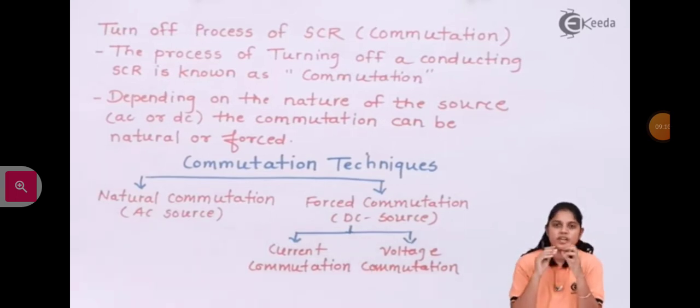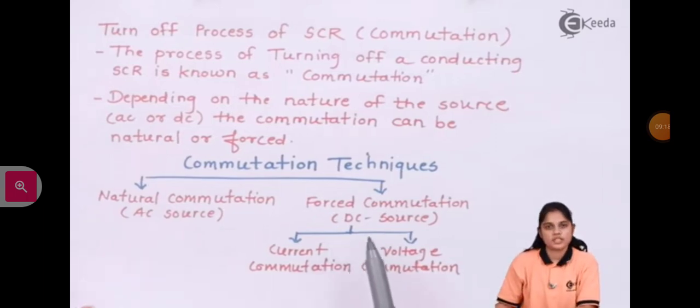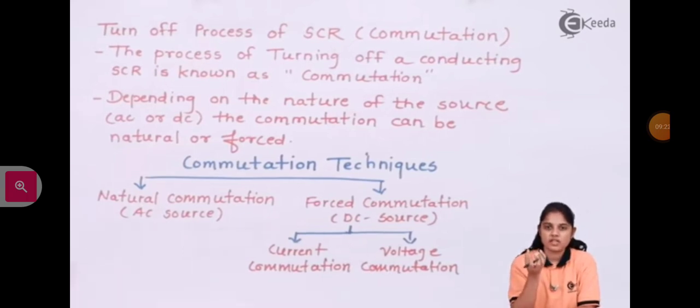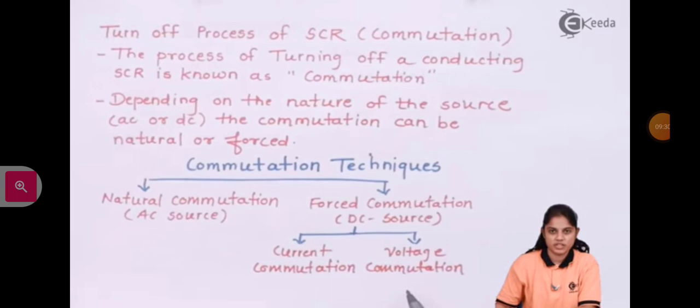Forced commutation: whenever we are using a DC source, it is difficult to turn off the SCR. So we have to go for forced commutation. That means forcibly, by using an external device or external circuit, you are turning off the SCR. This mechanism can be either current commutation or voltage commutation.